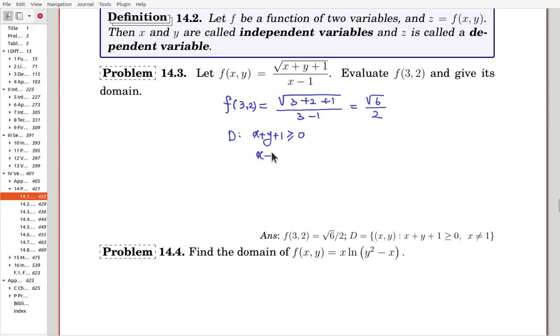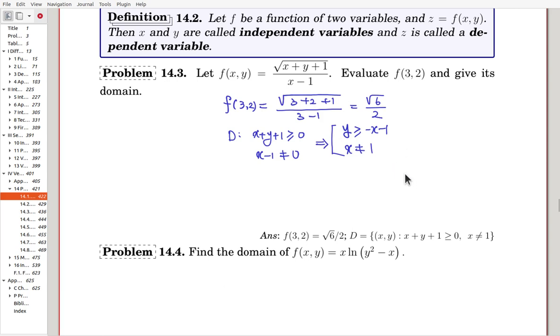So x minus 1 is non-zero. From here, we can rewrite this in this way: y is larger than or equal to minus x minus 1, and x is not 1. Okay, so this is the domain.